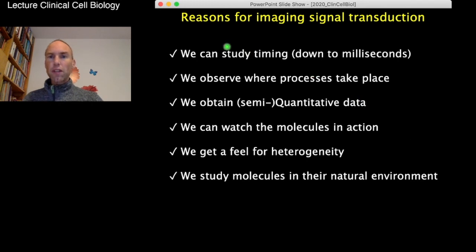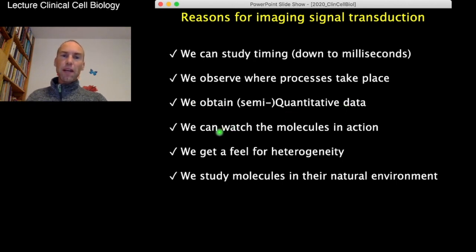We can study these processes with very rapid speeds, at video rate imaging, at timescales down to the milliseconds. We can also observe where processes take place within a cell, and those images we can quantify. So we actually obtain quantitative data from these microscopy images.